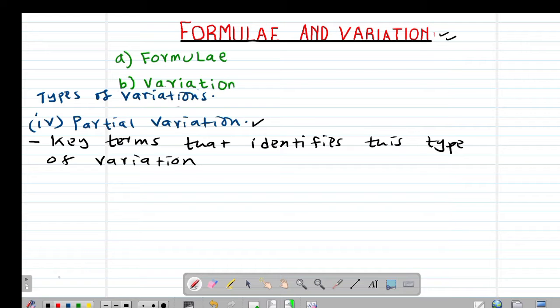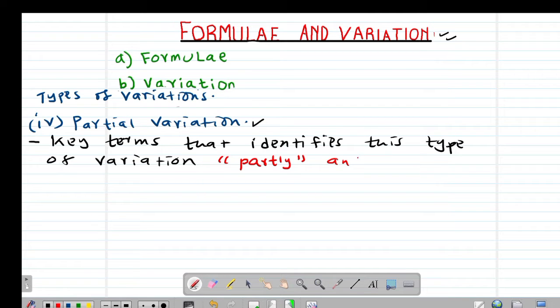So these are the key terms that will always identify this type of variation. One, we have the word partly. Should you see the word partly in a given question, it means you are dealing with a type of variation which is called partial variation.